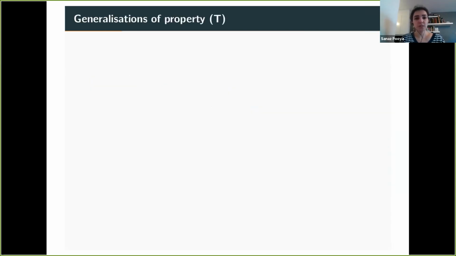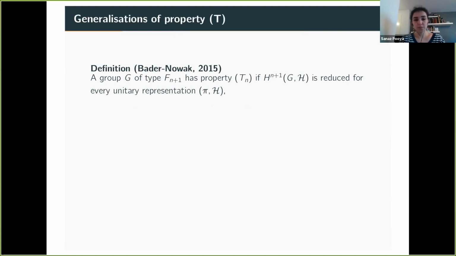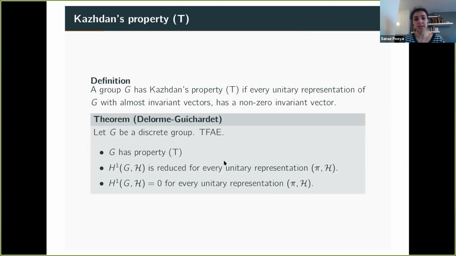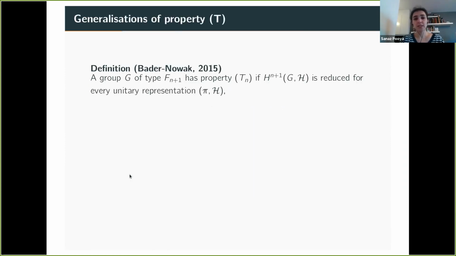For instance, Bader and Nowak set the first part of this characterization as a base for their generalization, and they introduced property T_n, and a group has this property if the (n+1)-st group cohomology is reduced for any unitary representation. This was introduced when they were studying cohomology of deformations.